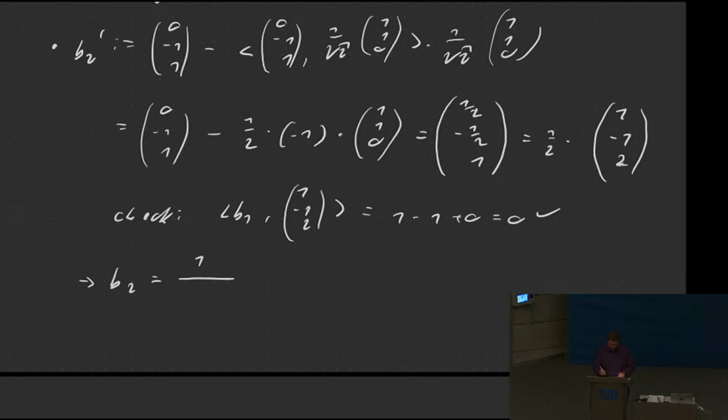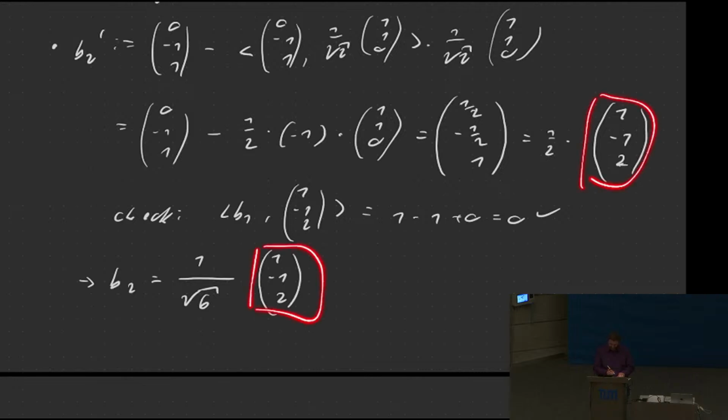The length of this one is, let's see, 1 plus 1 plus 4, that's 6, so the length is the square root of 6. Now, of course, I normalize this vector here, so please don't include the 1/2 if you do it this way. Or, of course, you can normalize including the 1/2, it's also fine, but it will look a little more complicated. It should get you the same result, of course.